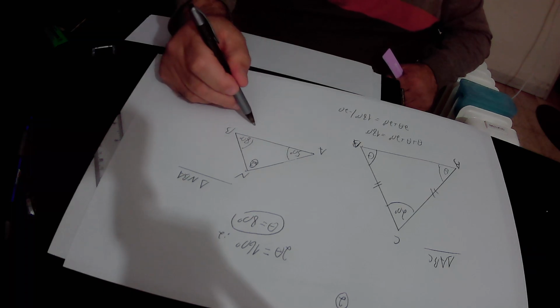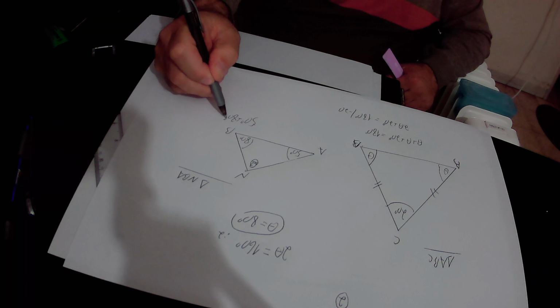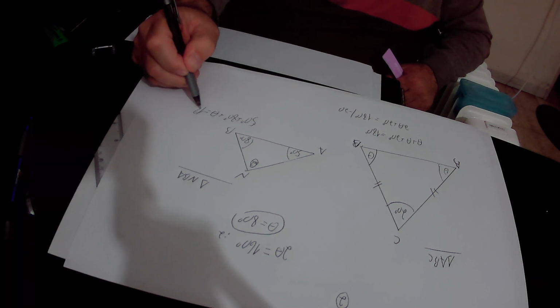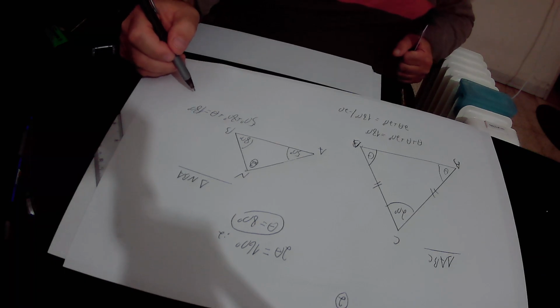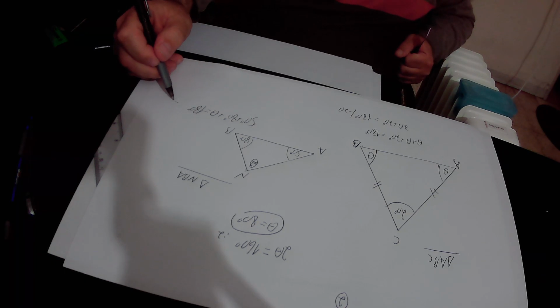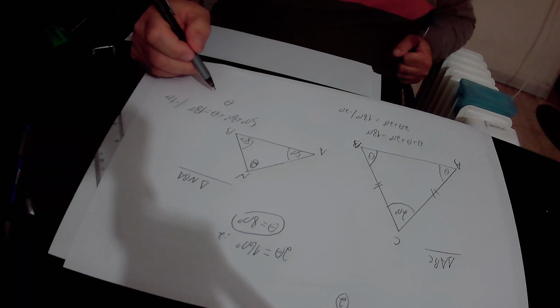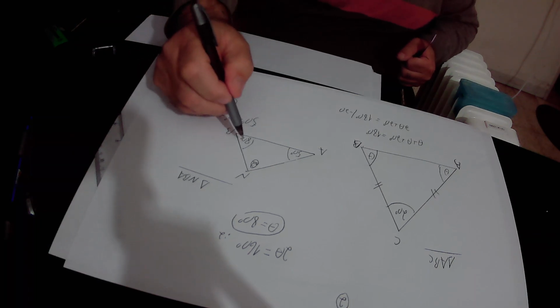So 50 degrees plus 80 degrees plus theta, in total all those three angles must be equal to 180 degrees. 50 plus 80 is 130, so we subtract 130 degrees from this equation, and finally we get that angle theta equals 180 degrees minus 130 degrees, which is 50 degrees. The missing angle here is equal to 50 degrees.